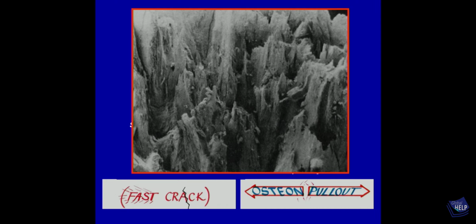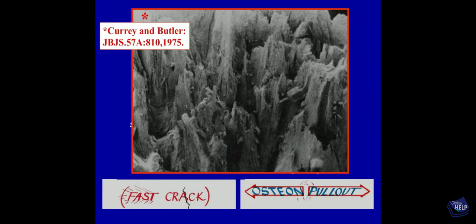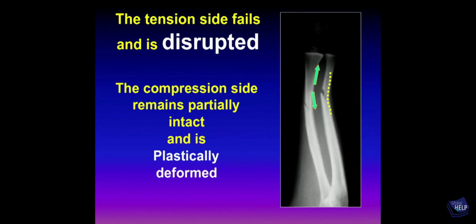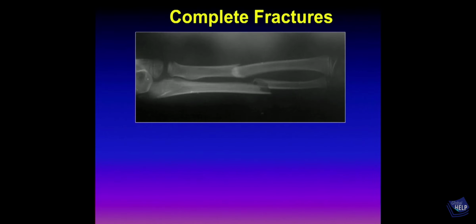Remember, the osteocytes are surrounded by bone tissue, and they're called osteons, and then there are cement lines that hold it together. So this again was the work by Currey and Butler. So the tension side fails and is disrupted, and the compression side remains partially intact and plastically deformed.